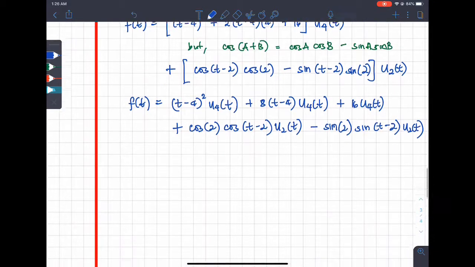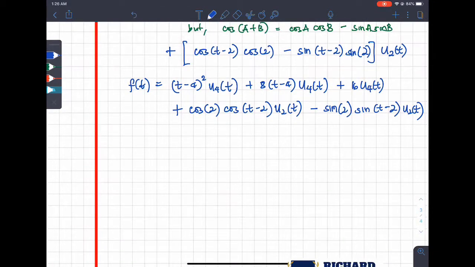Therefore, we can now find the Laplace transform of the given Heaviside function. The t minus 4 squared is just the same as t squared, so we just have e raised to negative 4s, and then for t squared we'll have n factorial, so 2 over s raised to 3.